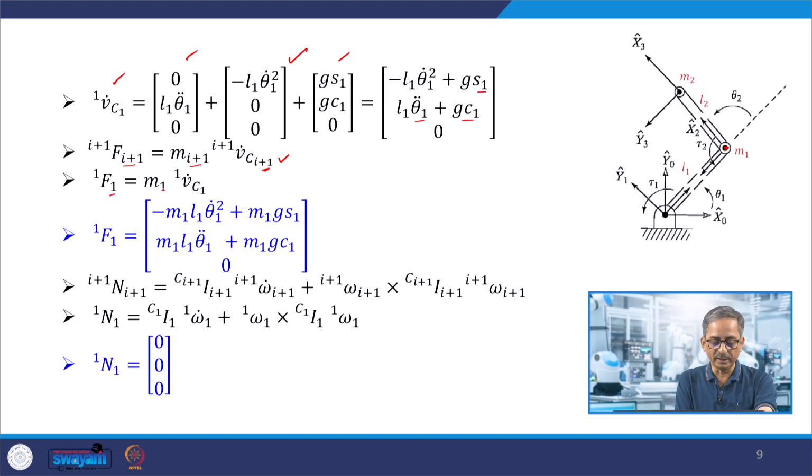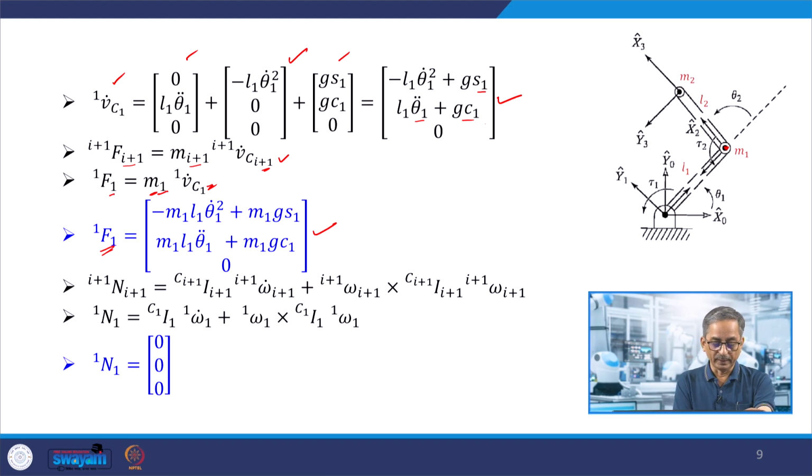So, F1 here, M1 here, and this is Vc1, all expressed in terms of the first frame. So, this value I have just got here. So, I can simply multiply with M1 to these values, and I will be getting this inertial force acting on the first link and expressed in terms of the first frame.